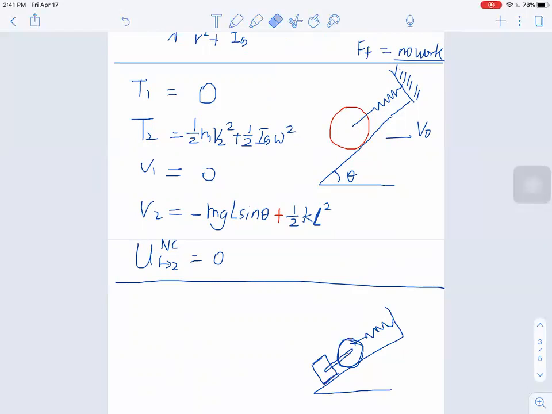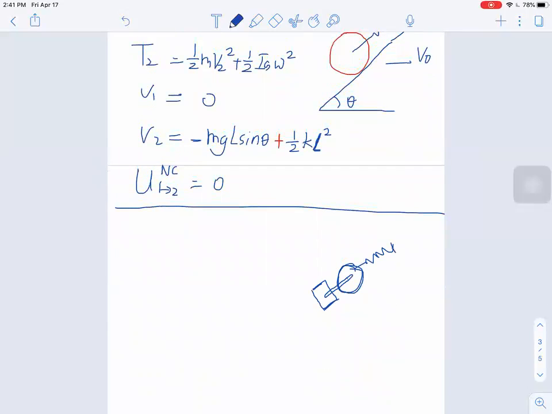Let's make this slope a little bit longer, still with the same angle. If I have a problem like this, now we have multiple masses. Let's call this mass 1, this bar is mass 2, this box is mass 3.